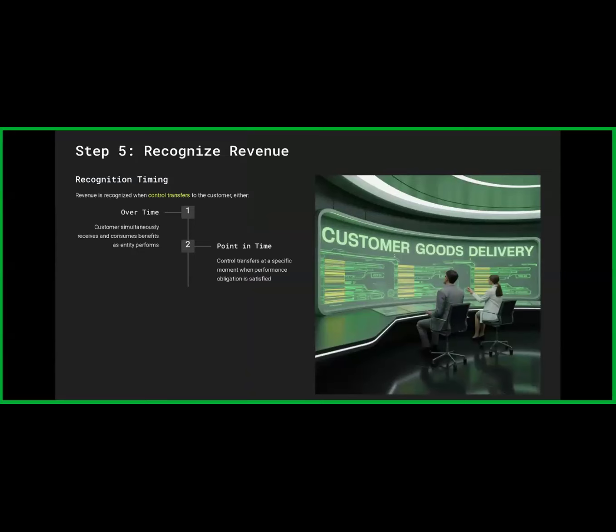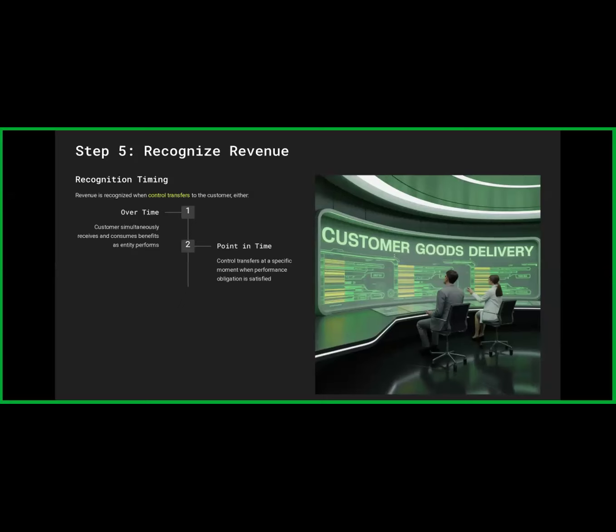So the total is the financial obligation the customer has to pay to that company. The customer pays the amount of money to the company, and this is how the company recognizes the revenue. Revenue is recognized when control transfers to the customer.